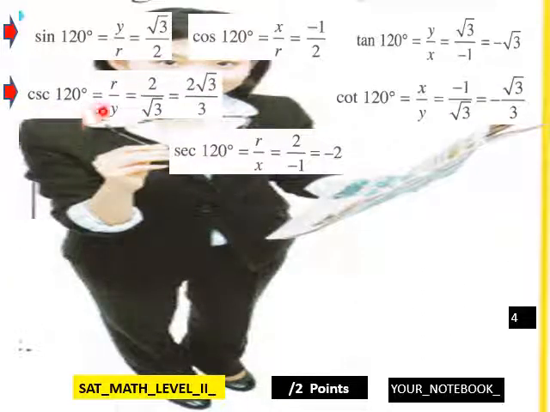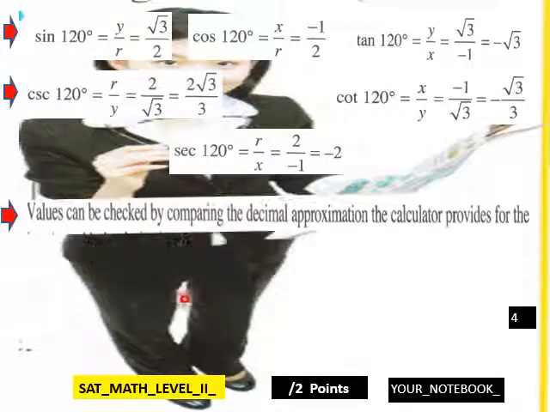Cosecant 120 would be r over y. We flip our fraction here, and we get 2 times the square root of 3 over 3. Cotangent would be the reciprocal of tan, so it'd be the negative of square root of 3 over 3. Secant would be the inverse of our cosine, so instead of negative 1 over 2, it's 2 over negative 1, which is negative 2.